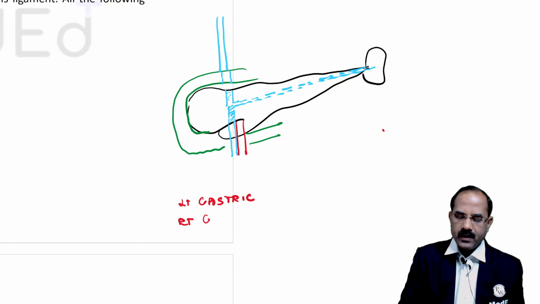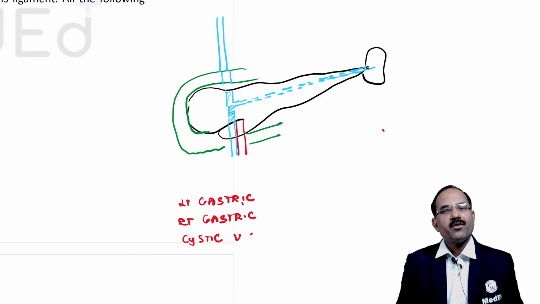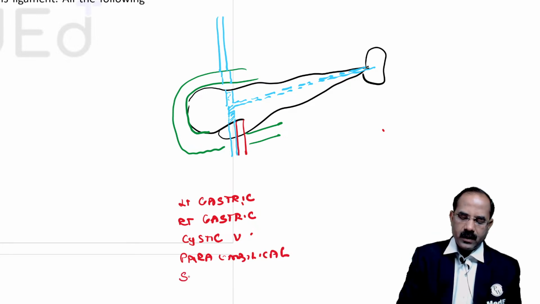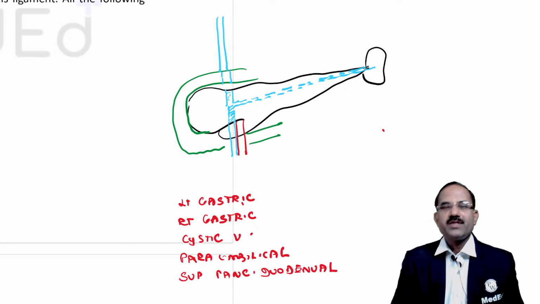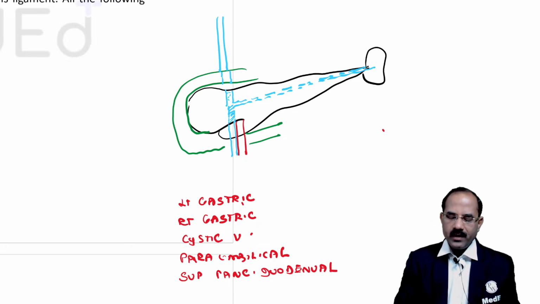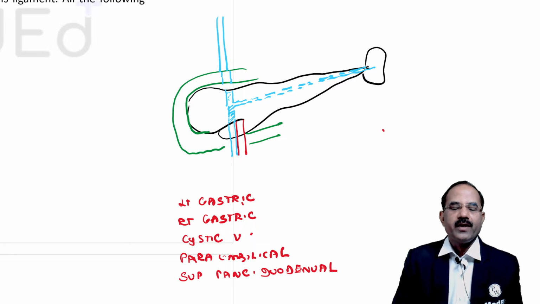Second one is the right gastric vein, cystic vein, which comes from the gallbladder, para-umbilical vein, and there's one more, that's the superior pancreatico-duodenal vein. So these become the tributaries of portal vein. The left gastric, the right gastric, the cystic vein, the para-umbilical vein, and the superior pancreatico-duodenal vein. Clear?